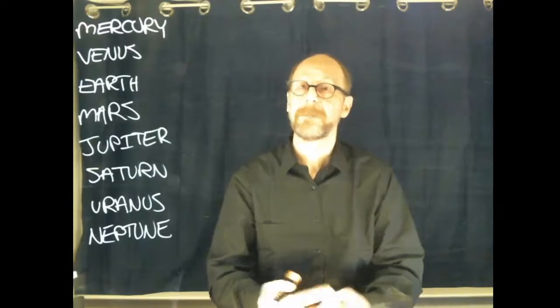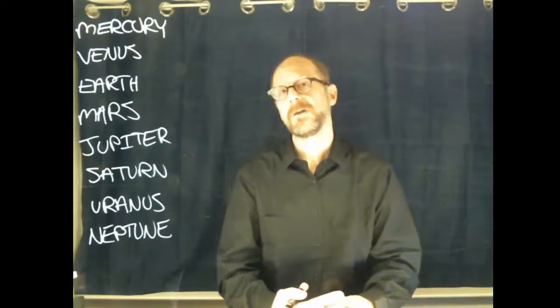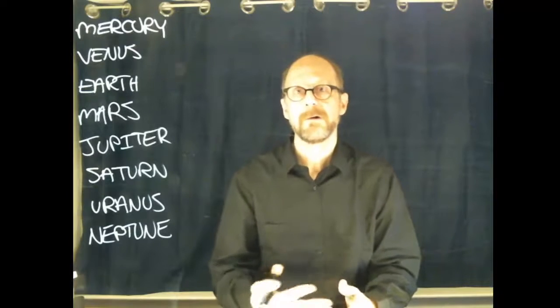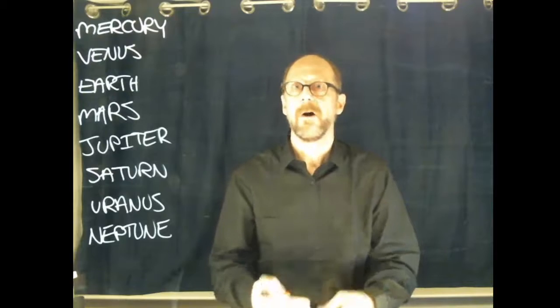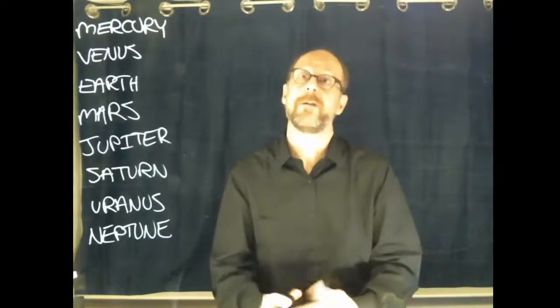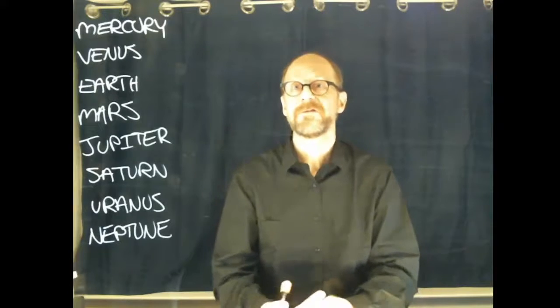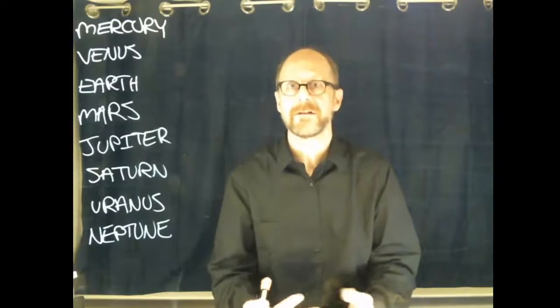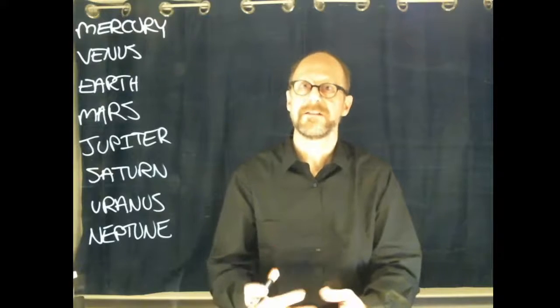But space is really big. Space is really big, and so kilometers and miles are the tiny units in astronomy that are just so small that they're not very practical. And so astronomers use other units to measure distances.